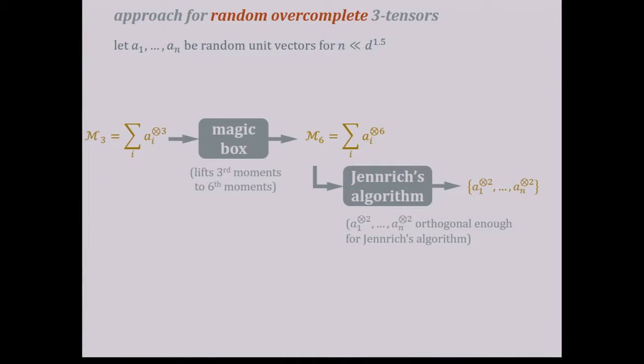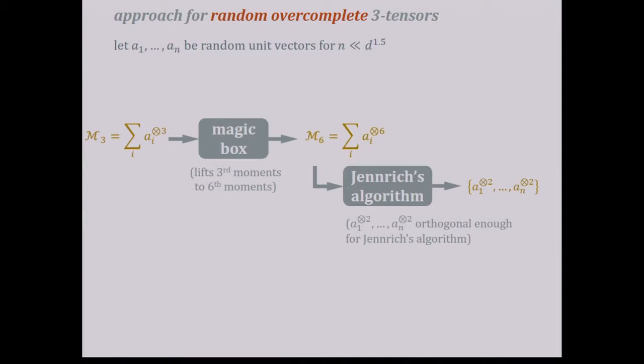Okay. So here's the general approach for dealing with overcomplete 3 tensors. We have as input this 3 tensor, and now we imagine that we have some magic procedure that allows us, given the third moments, to compute the 6th moments of the distribution.